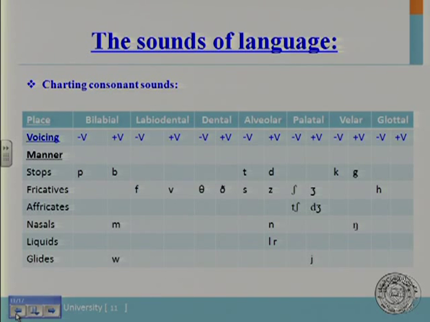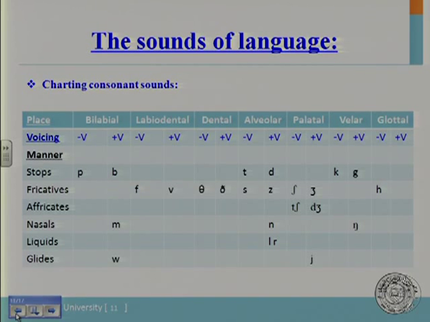For place of articulation, we have bilabial, labiodental, dental, alveolar, palatal, velar, and glottal. And as manner of articulation, we have stops, fricatives, affricates, nasals, liquids, and glides.